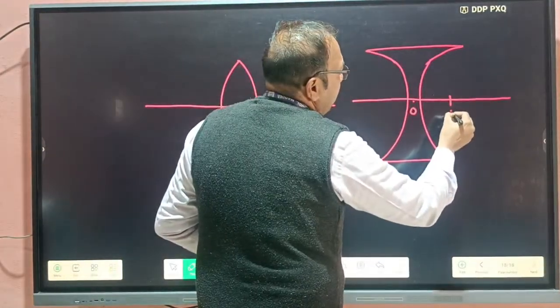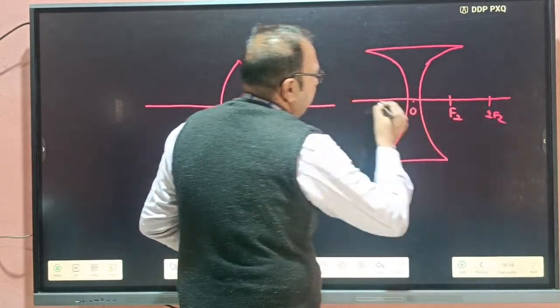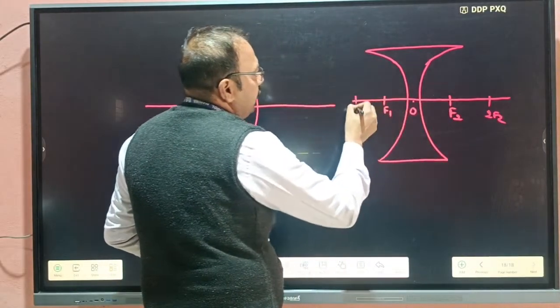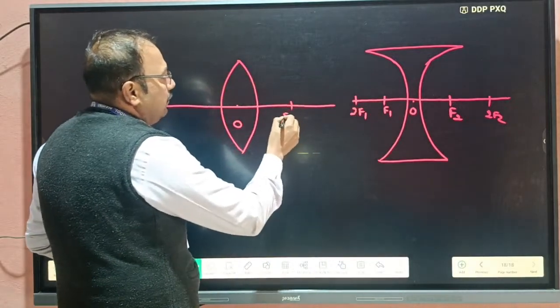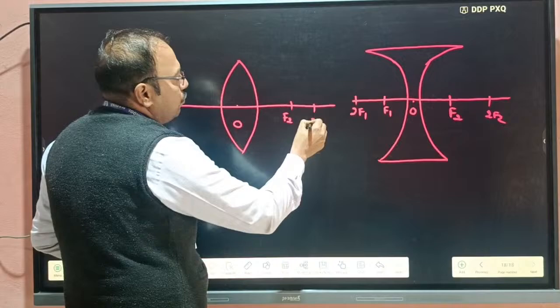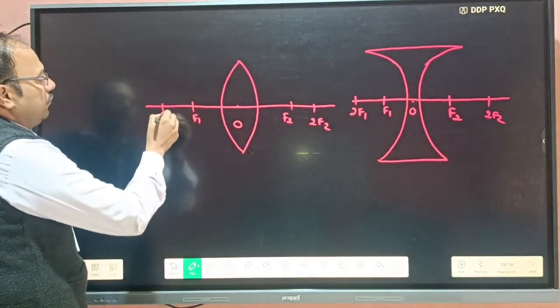This is F2 and this is 2F2 and this is F1 and this is 2F1, and the same for the other lens.